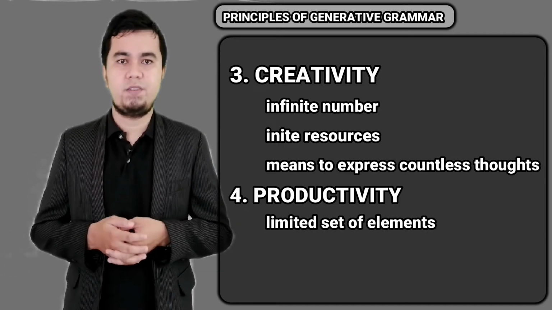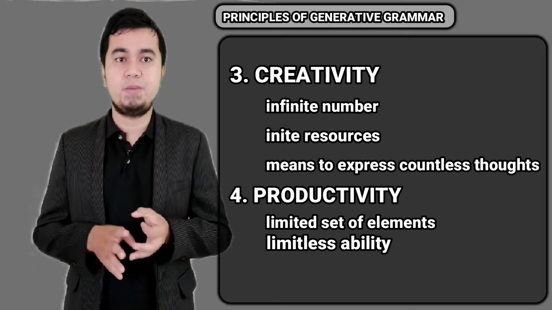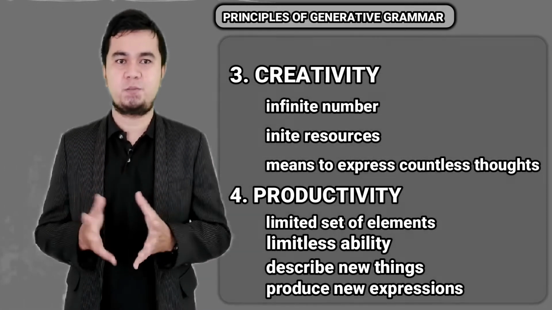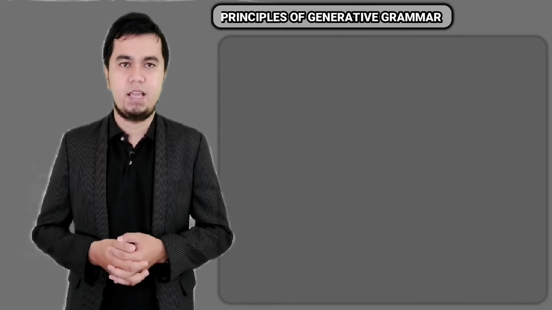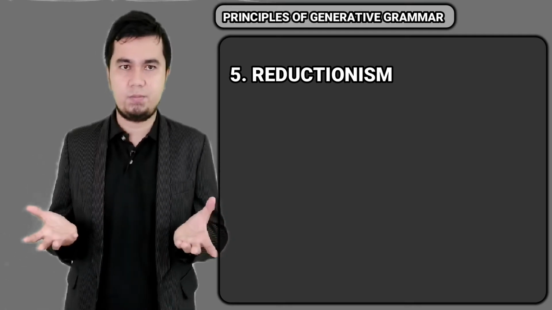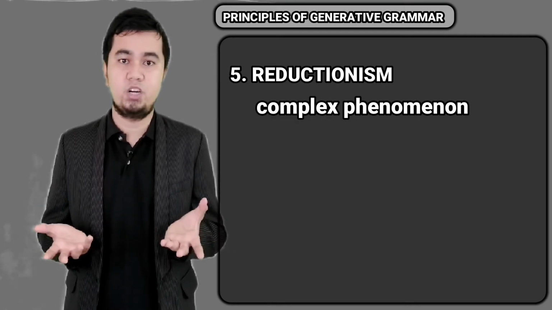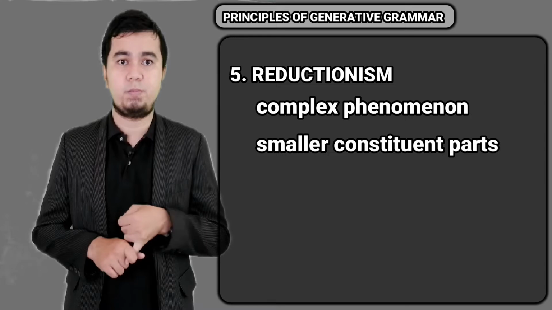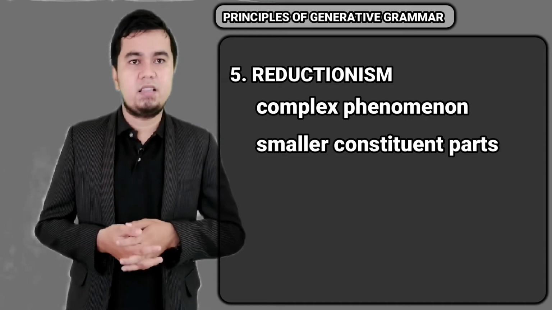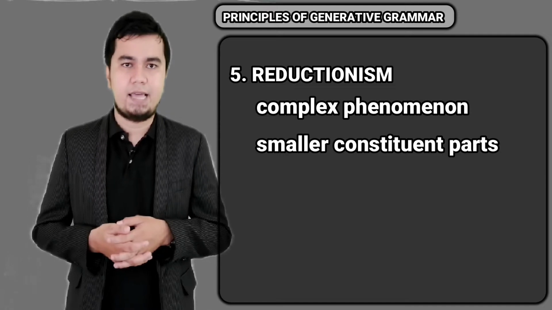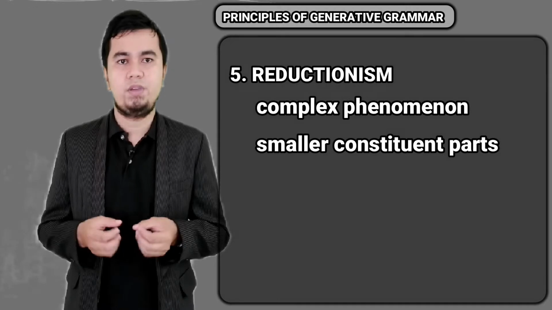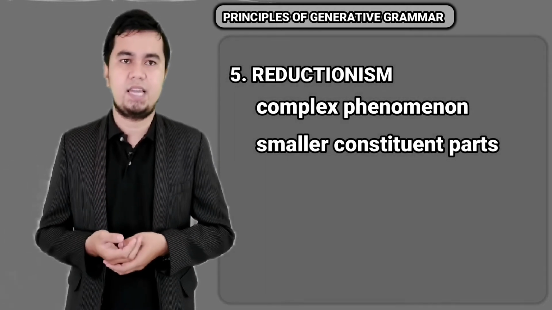Productivity refers to the limitless ability to use language to describe new things, to produce new expressions. And finally, we have reductionism, which explains a complex phenomenon by analyzing the smaller constituent parts. We are explaining a complex set of entities or structures by another, simpler set. Entities here are given kinds of collections of entities with a simpler or more basic kind.